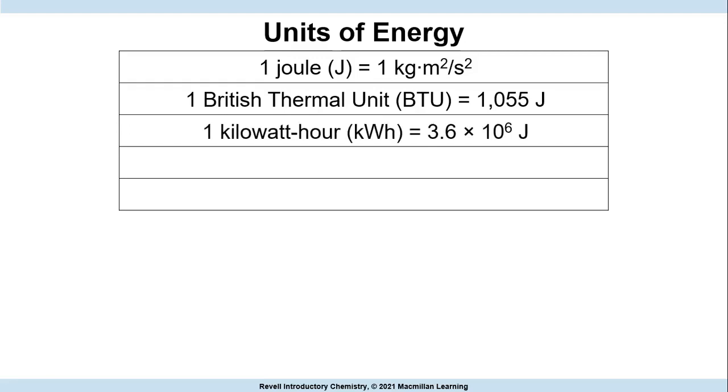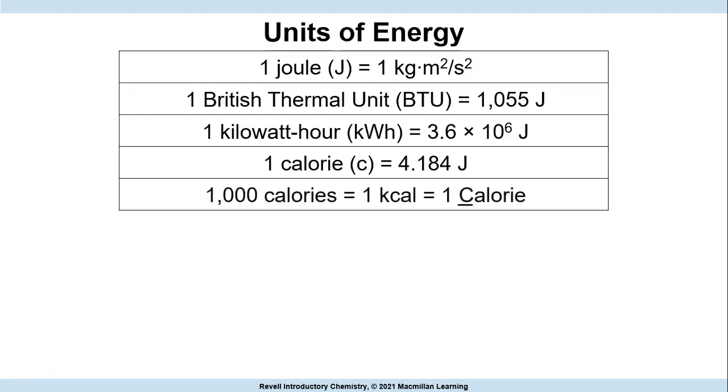We also have the kilowatt hour, and 1 kilowatt hour is equivalent to 3.6 times 10 to the 6 joules. We also have the calorie with the lowercase c, which is equivalent to 4.184 joules, and we also have the calorie with the capital C, which is equivalent to 1 kilocalorie or 1000 calories.